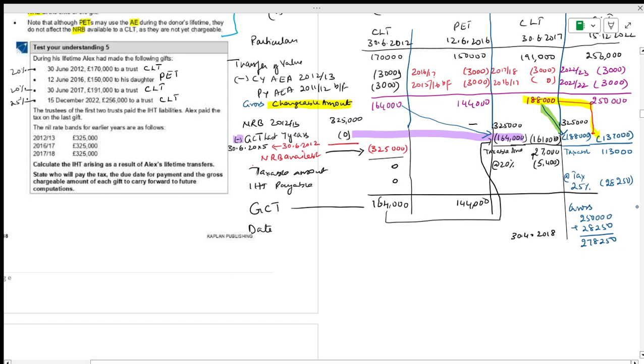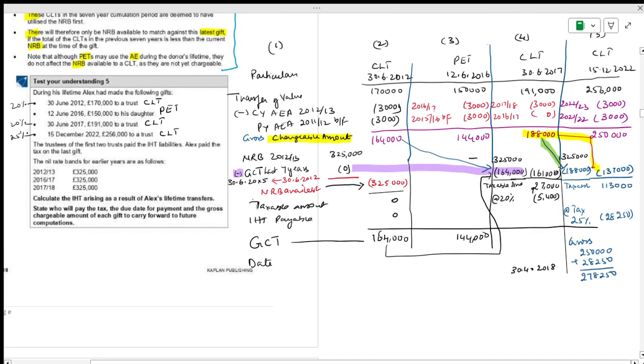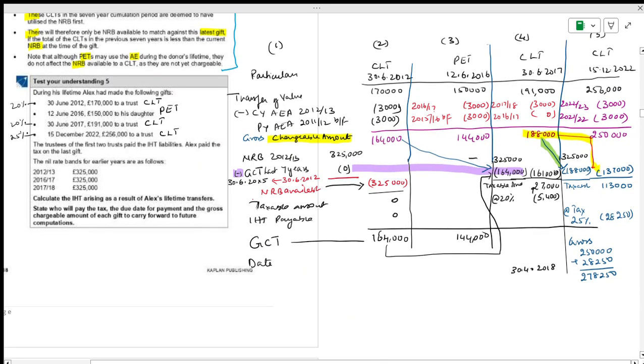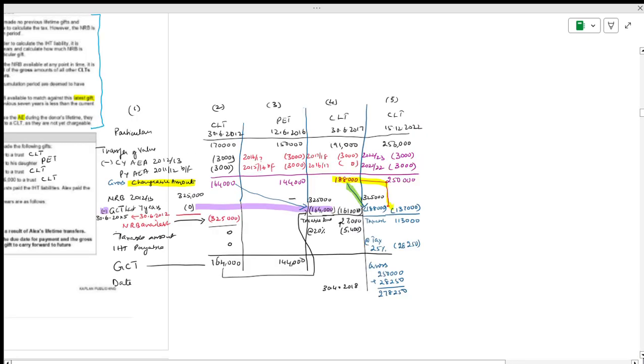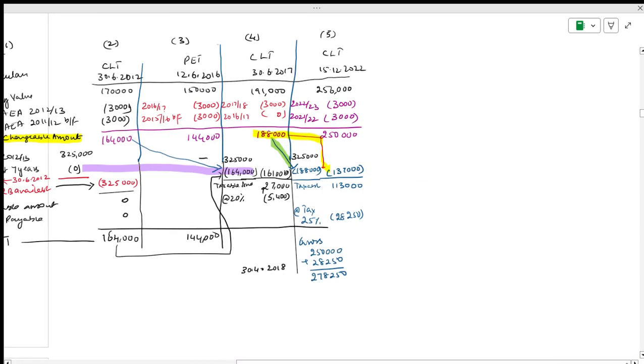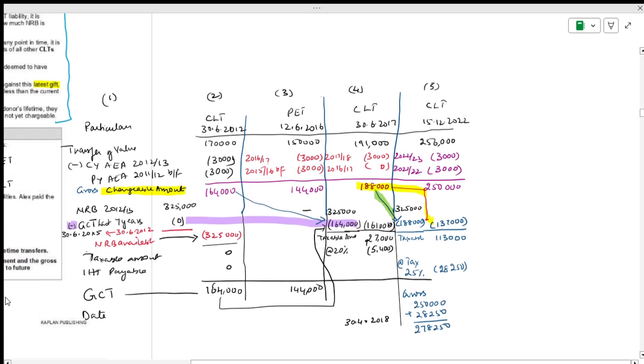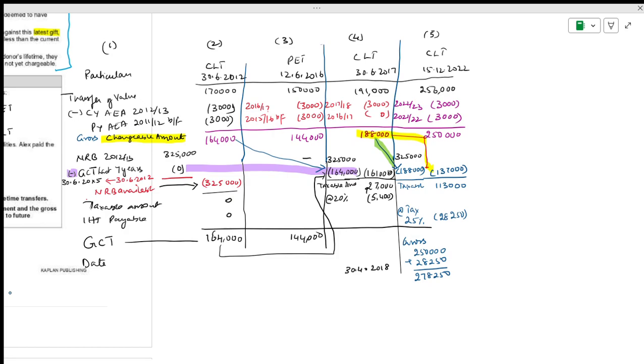See who is paying. Donor is paying. If donor is paying, it is 20% net. I will reduce a little bit further. Now, see the things when it's happening like this. How much is the chargeable amount?